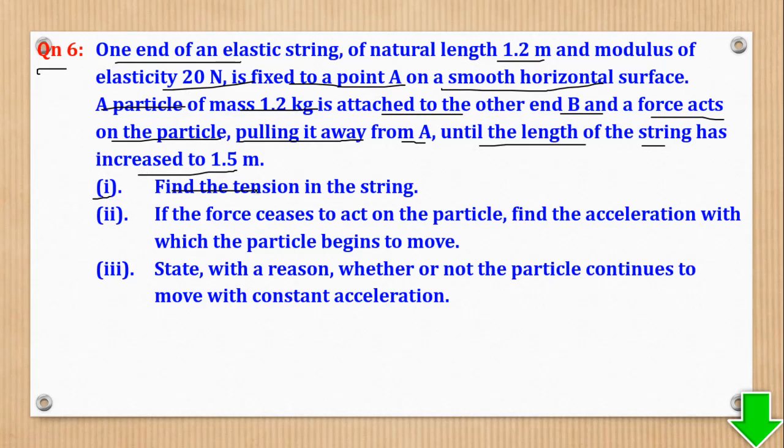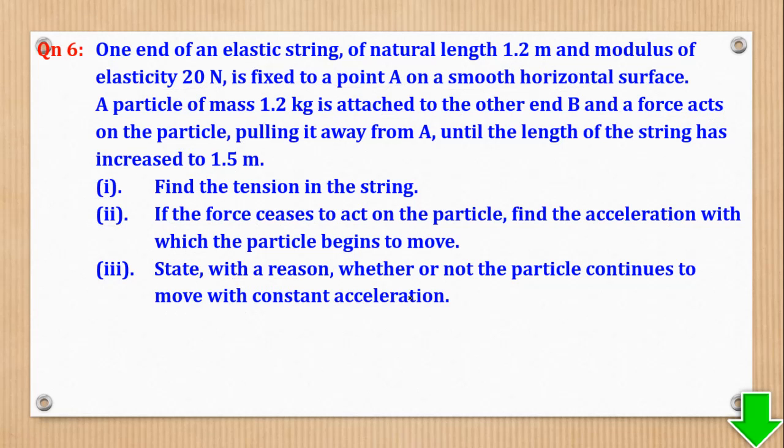Roman 1. Find the tension in the string. Roman 2. If the force ceases to act on the particle, find the acceleration with which the particle begins to move. And Roman 3, state with a reason whether or not the particle continues to move with constant acceleration.